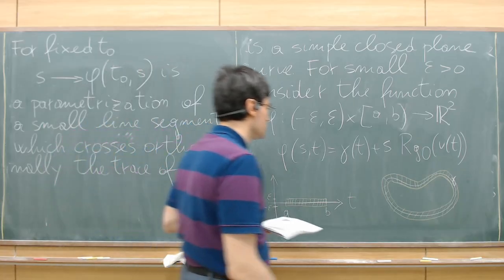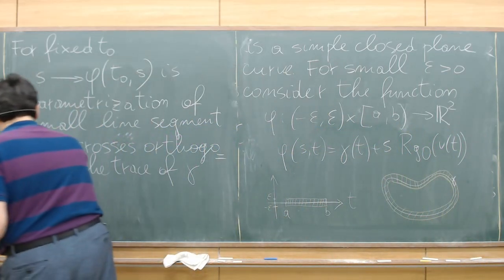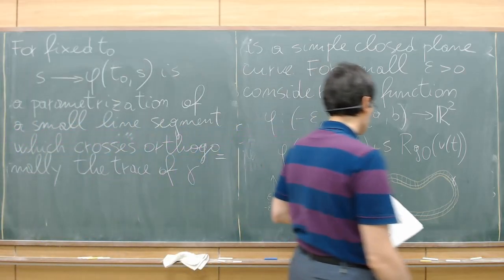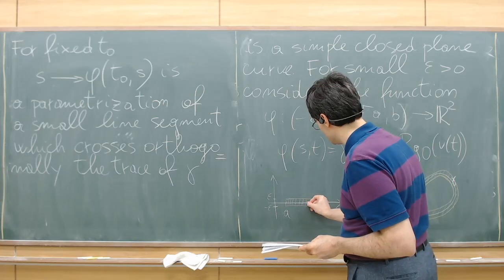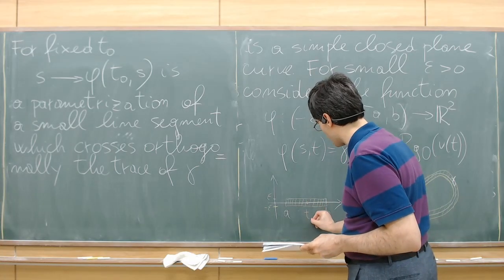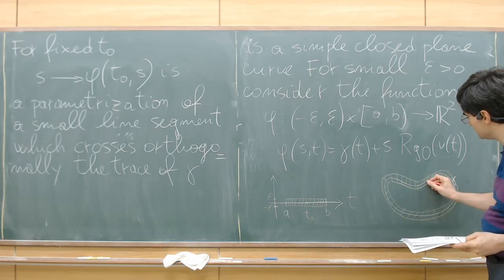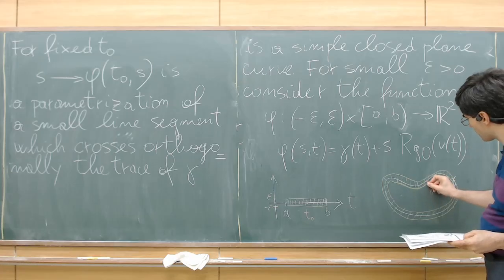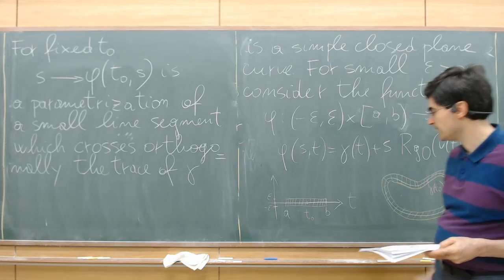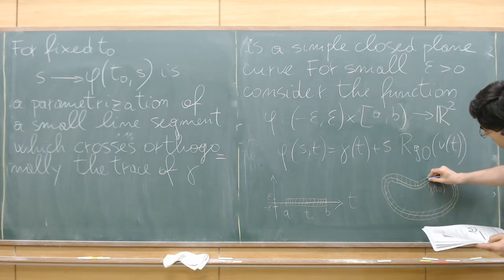So for example, if this is T0 and this is gamma T0, then the segment that we are talking about is this one.